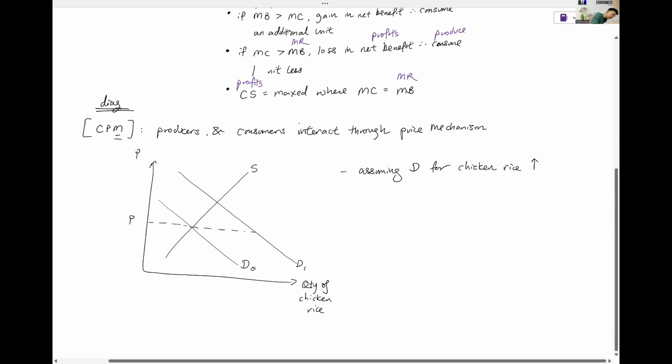This is your P0. This is QS, QD. At original price, P0, a shortage of QD minus QS results.